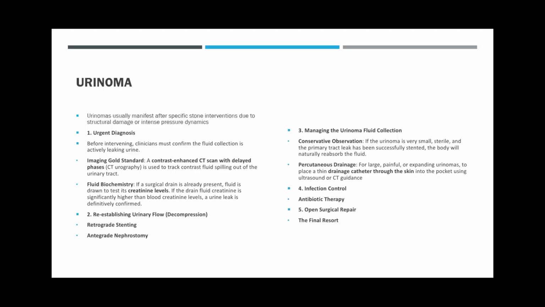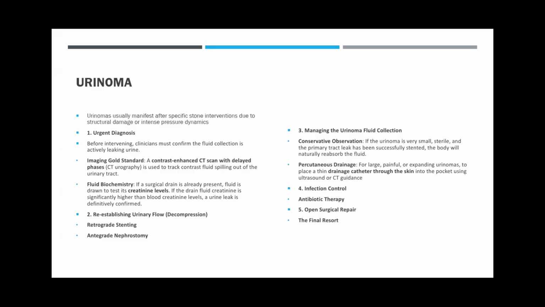Or we can also do fluid biochemistry if the patient still has the drain, and we send it for creatinine level. Then we also need to reestablish the urinary flow, either with a JJ stent or nephrostomy. Then we need to manage the urinoma or collection. They can go to conservative management if the urinoma is very small and sterile.